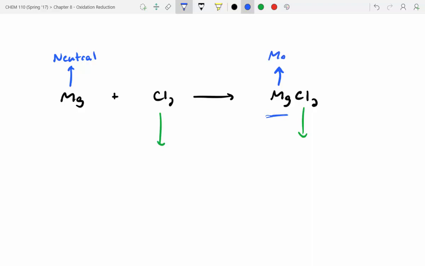So it'd be Mg2+ because it's in an ionic compound. All right, so was this a gain or a loss of electrons? Looks like we lost 2 electrons, right? So magnesium lost 2 electrons. Is that an oxidation or a reduction? Oxidation. So magnesium was oxidized.